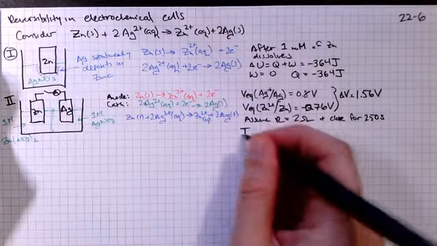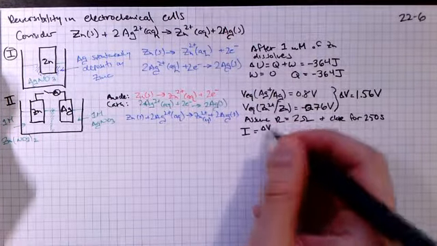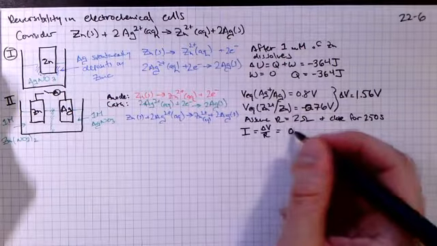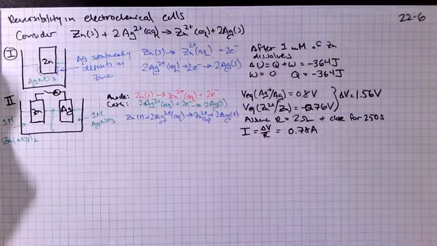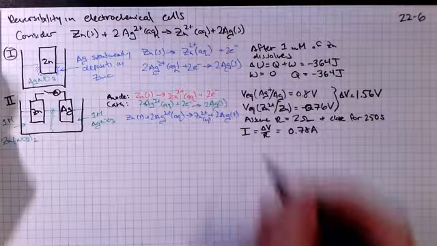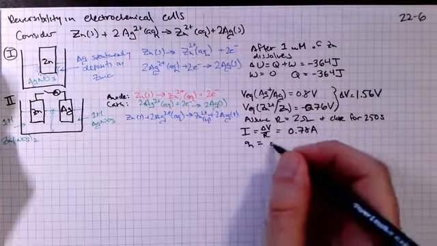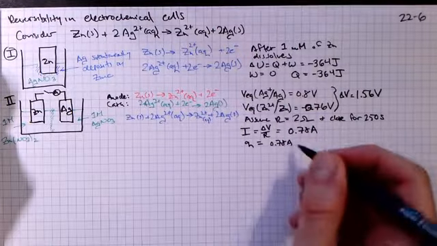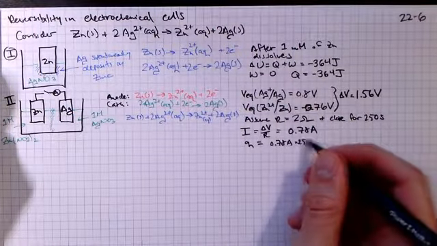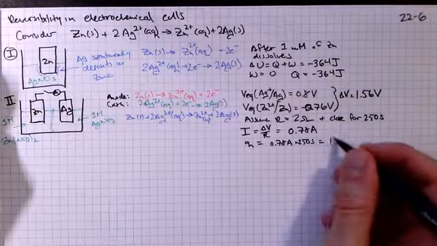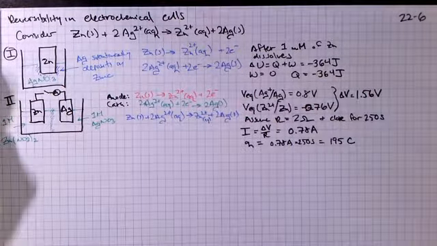Then we can calculate a current, that's just delta V over R, which would be 0.78 amps. And from that we can get how much charge has transferred. That would be 0.78 amps times 250 seconds, so that would be 195 coulombs of charge.